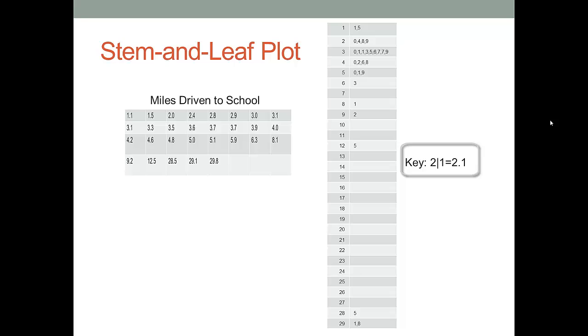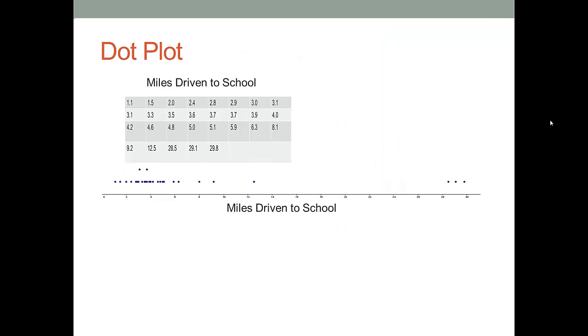Maybe the first digit, the tens column, would be our stem and the ones digit would be our leaf. So the key helps the reader see how we're breaking that number. And the key just uses an example number. So 2/1 means 2.1.